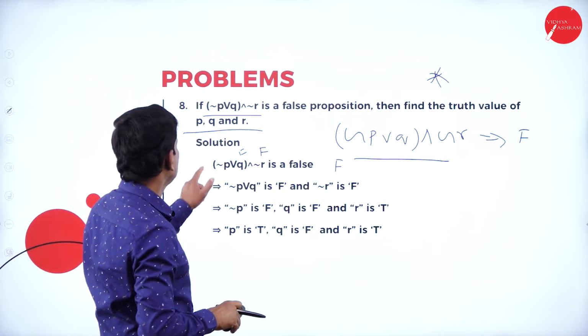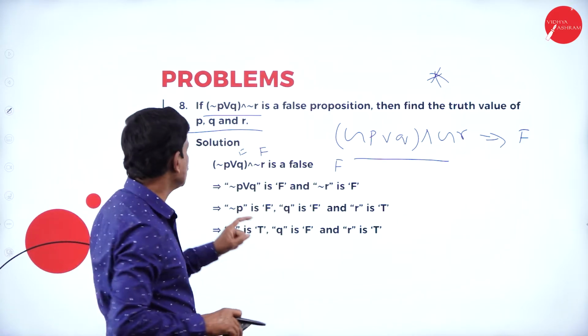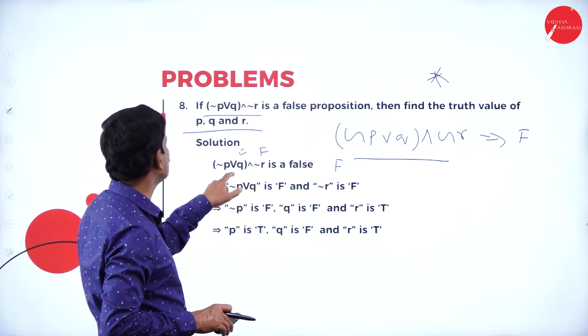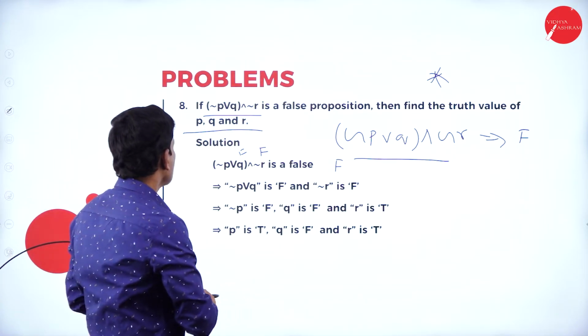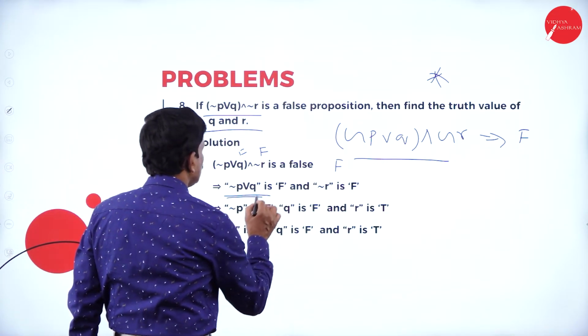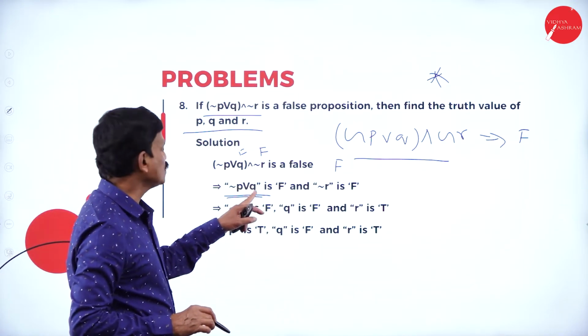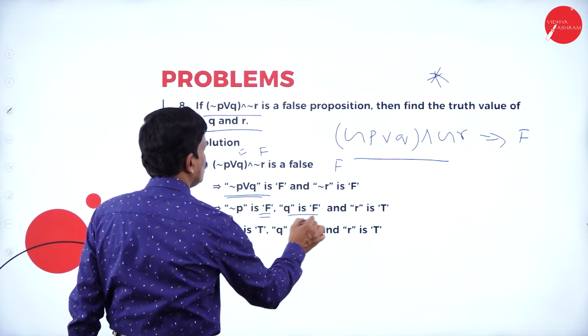That means if these two are false, false and false is false. That is, negation of P disjunction Q is false, and negation of R is also false. If negation of P disjunction Q is false, then negation of P is false and Q is also false.